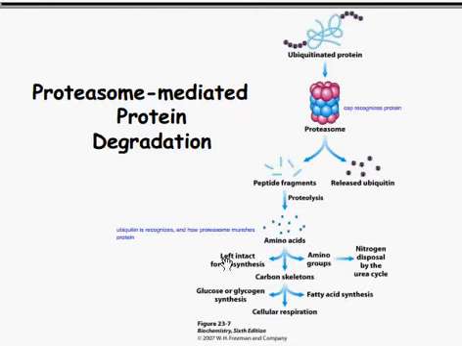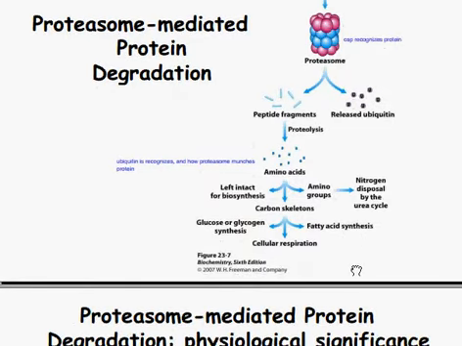These can be left intact for biosynthesis, or the amino groups can be disposed of by the urea cycle, or the carbon skeletons can go to glucose or glycogen synthesis, fatty acid synthesis, or cellular respiration. So there are a whole lot of different ways that proteasome degradation can lead product-wise.